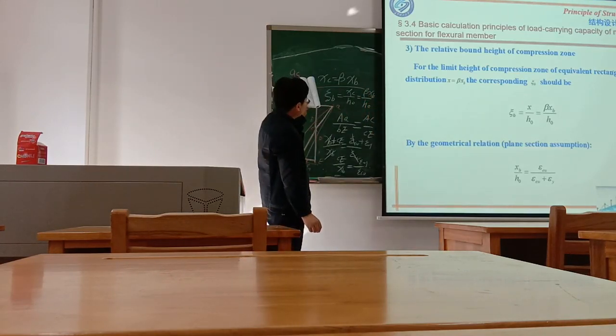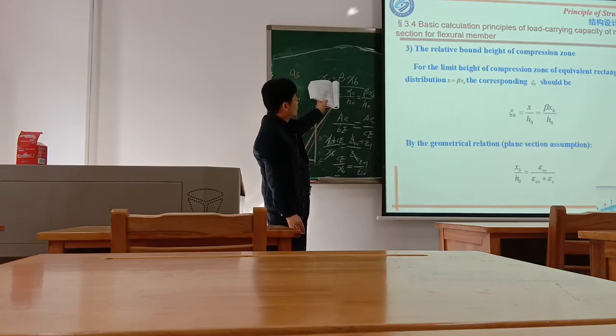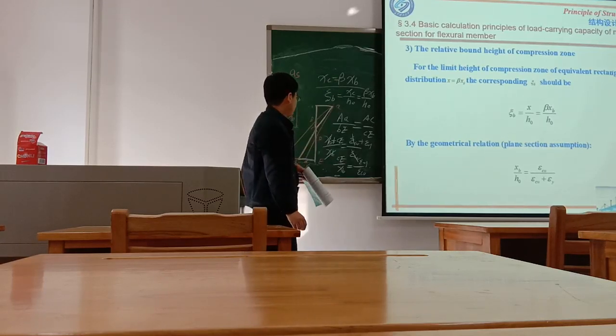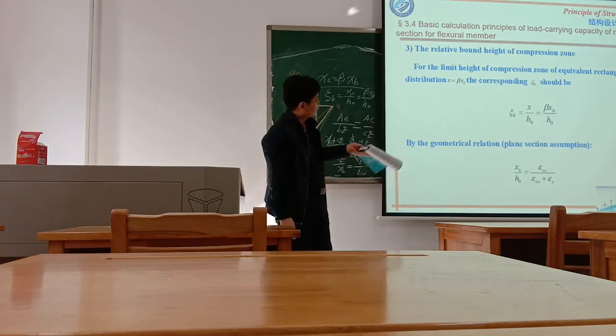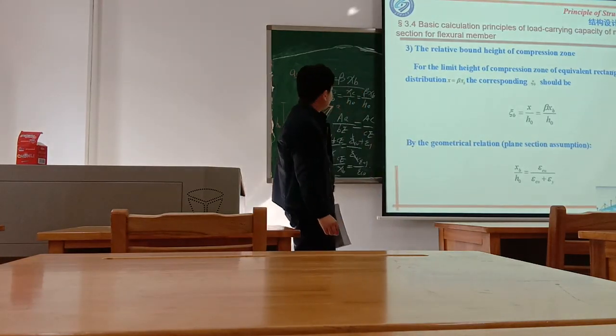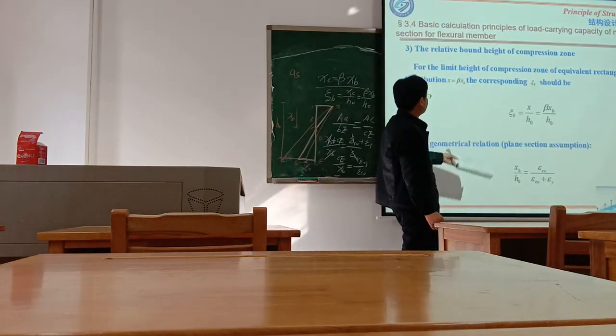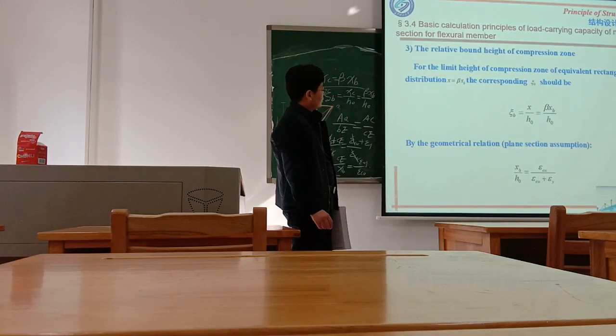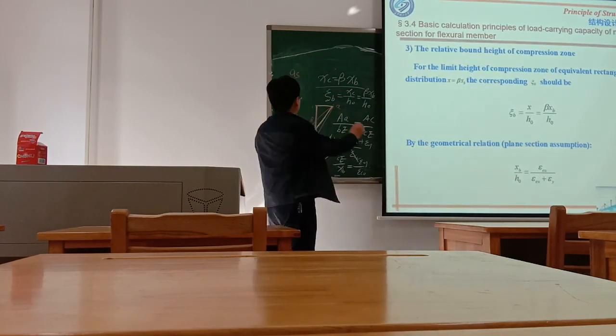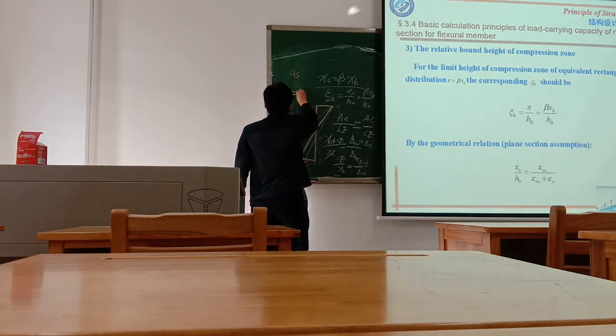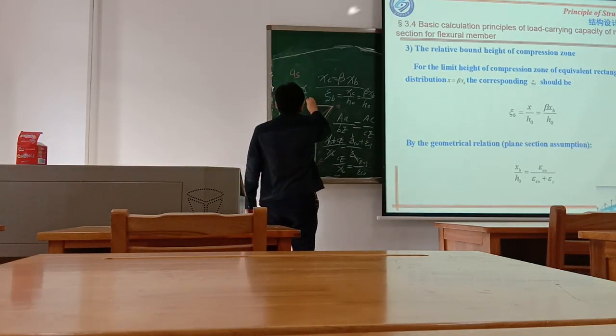So they replace xc with beta xb, just like here x, from the definition of beta equal to x divided by xc.